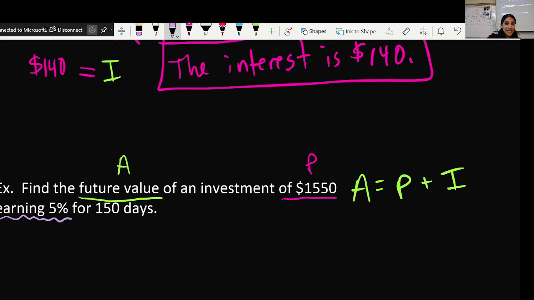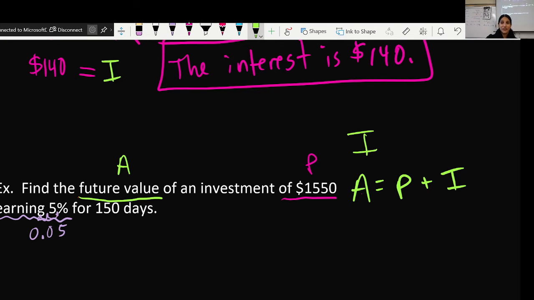Earning 5%, that would be like what, 0.05? Everybody get that? Because there's like an imaginary decimal there, we move it over twice, that's how we get the 0.05. But what variable is that in this formula? Is that in this formula?